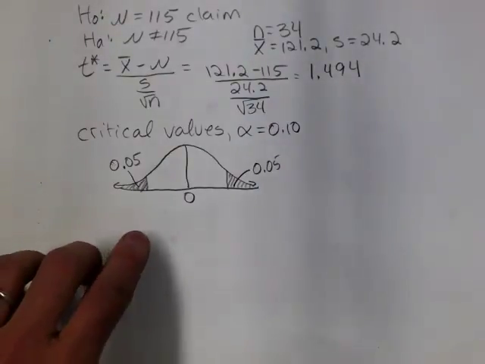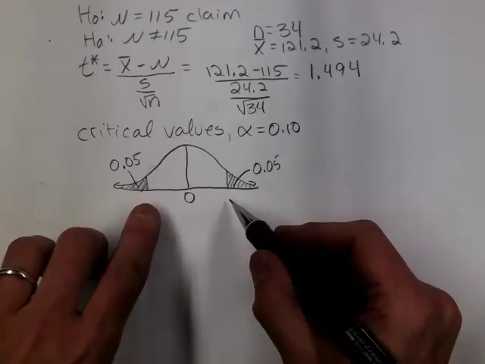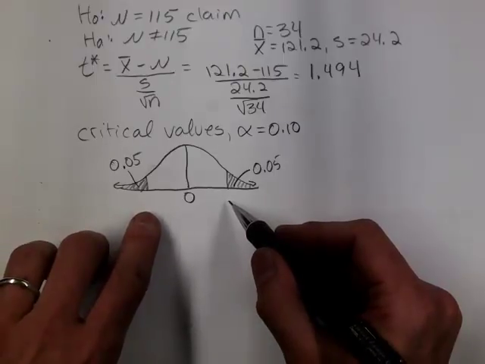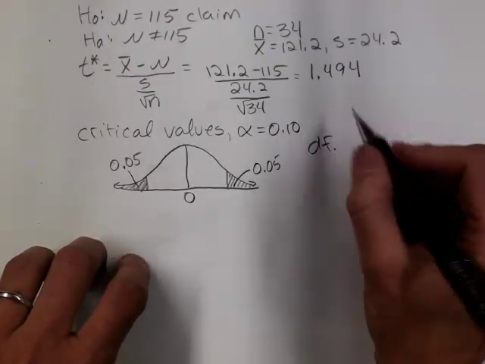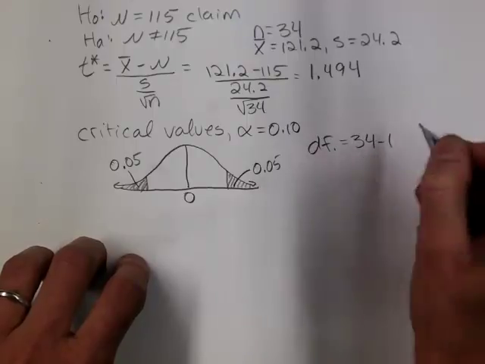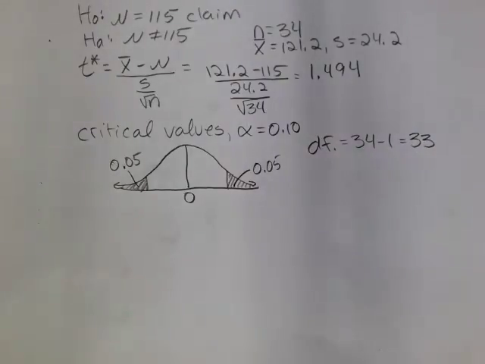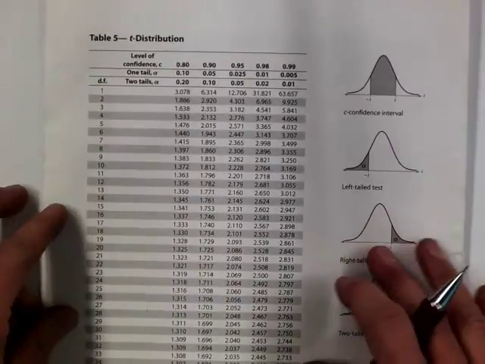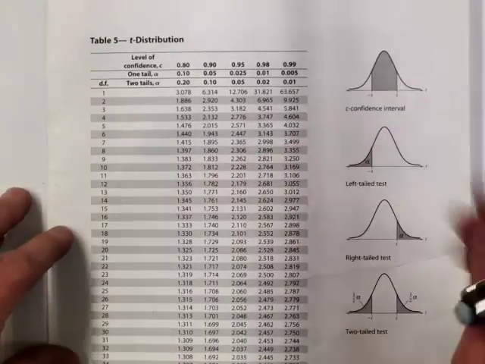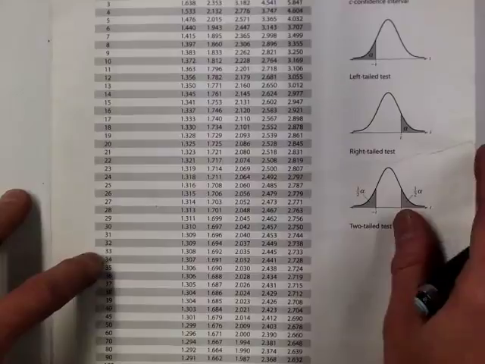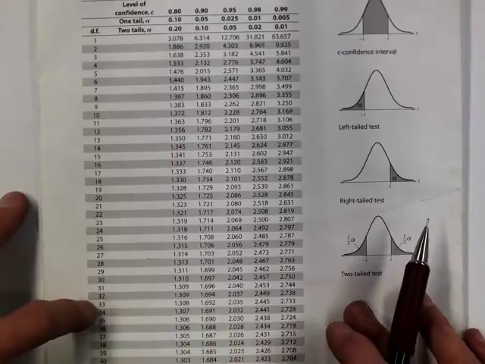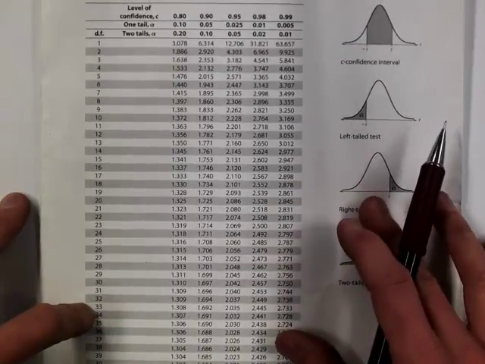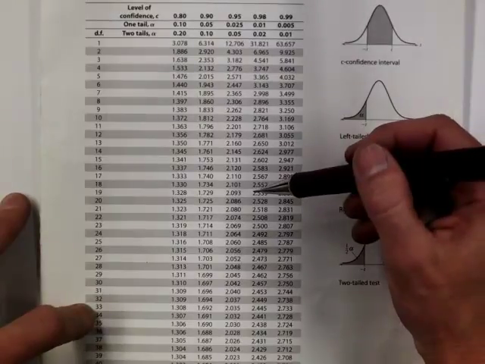I'll have two t-values here that are the critical values, but they're going to be opposite in sign. To use the table, I need the degrees of freedom. If n was 34, then the degrees of freedom will be 33. Looking at my t-distribution, I want to first read down to 33, and then read over to the column that has 0.05 area in one tail, or 0.1 between two tails.